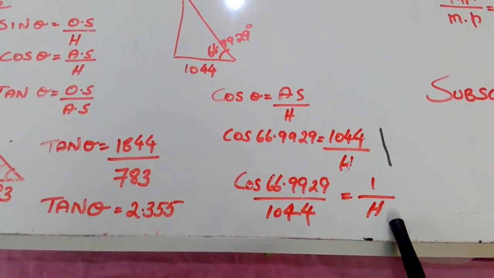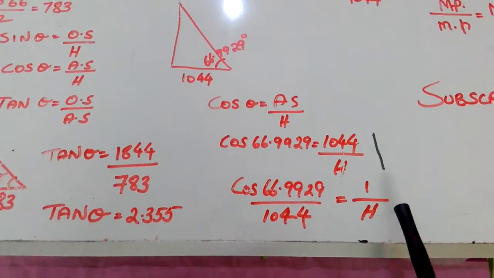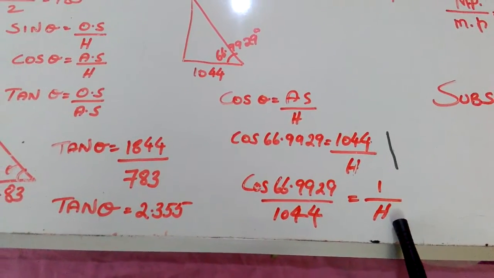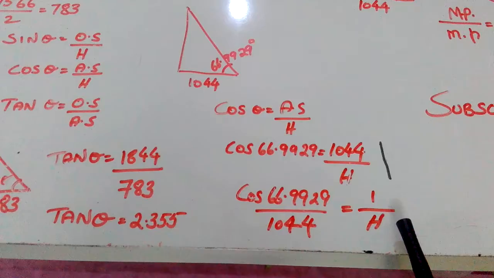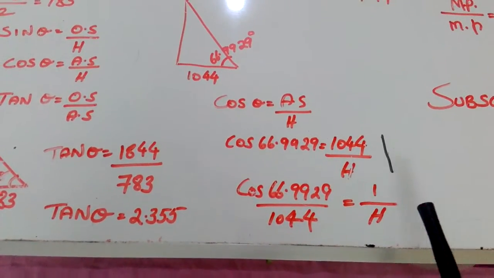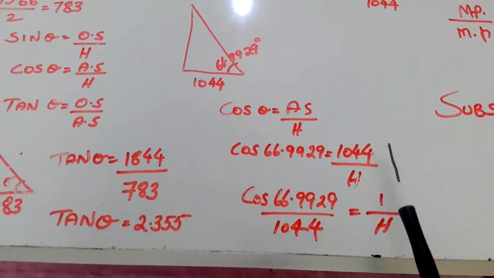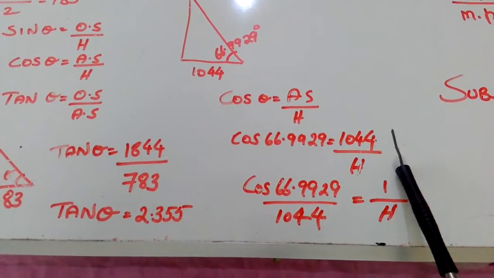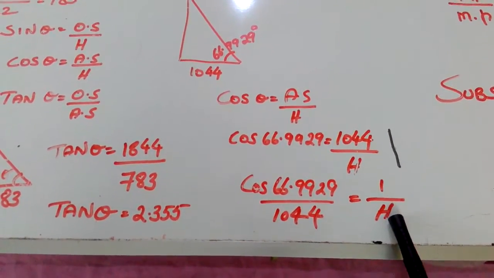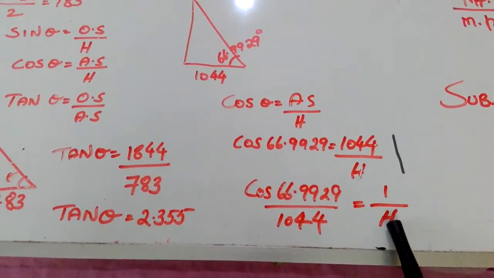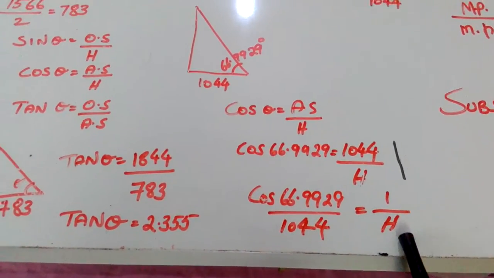We have to find h. If we have to find h, the hypotenuse, we have to keep these measurements in the opposite directions. Bottom measurements have to reach the top side, and top measurements have to reach the bottom side. Then it will become h by 1. H by 1 and h are both the same.